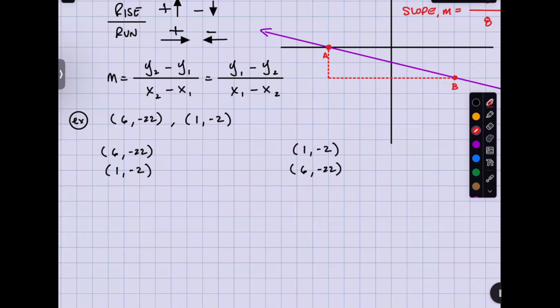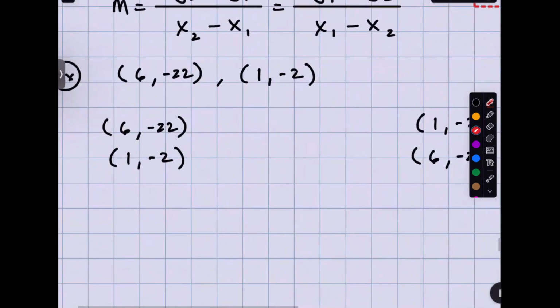All right? I'm going to stack them. Here's why I like to stack them. Here we go. When I stack them, this is the way I look at it.